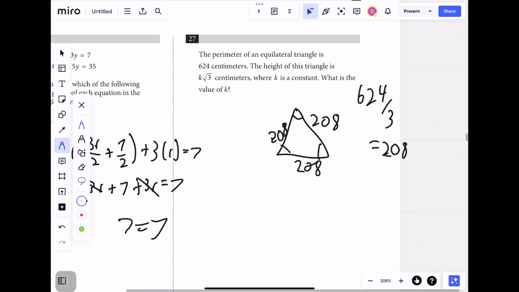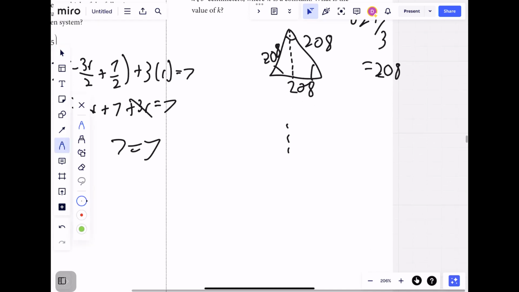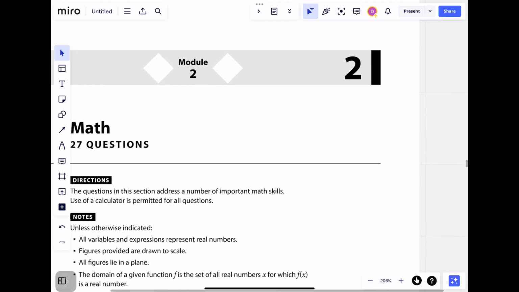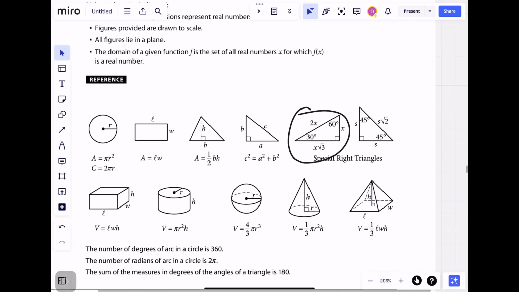Okay, now that we have that, it's asking for the height. And this is the height of the triangle. So we can take that apart right here. And this is half of 208, so that's 104. This is 208 still. And if we refer down here, we've got a reference we can use.